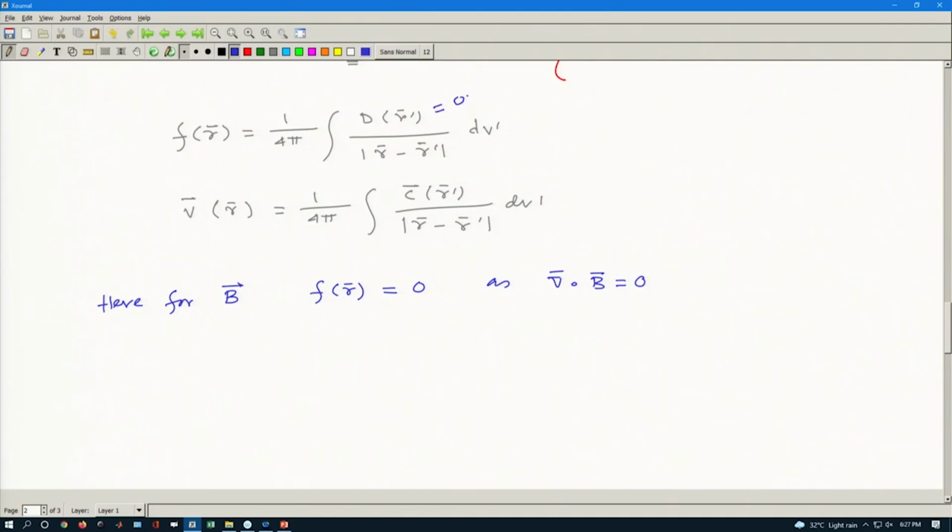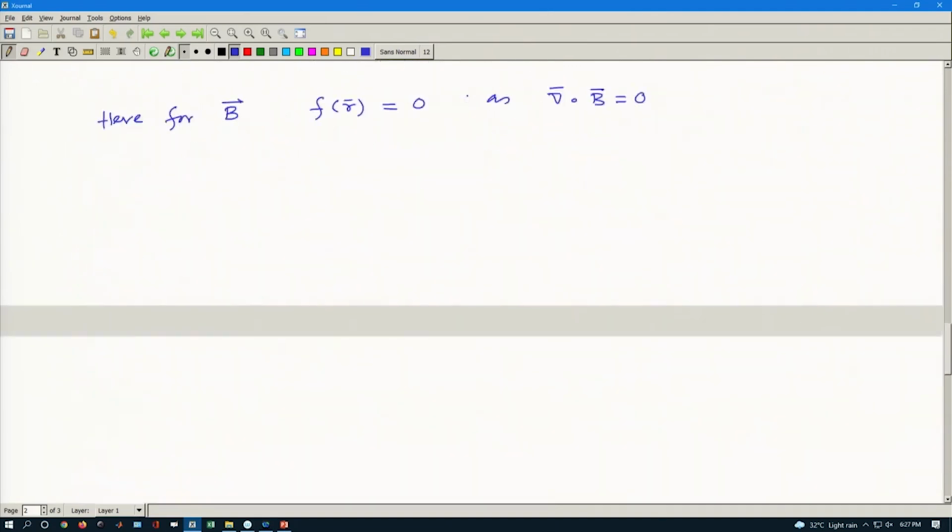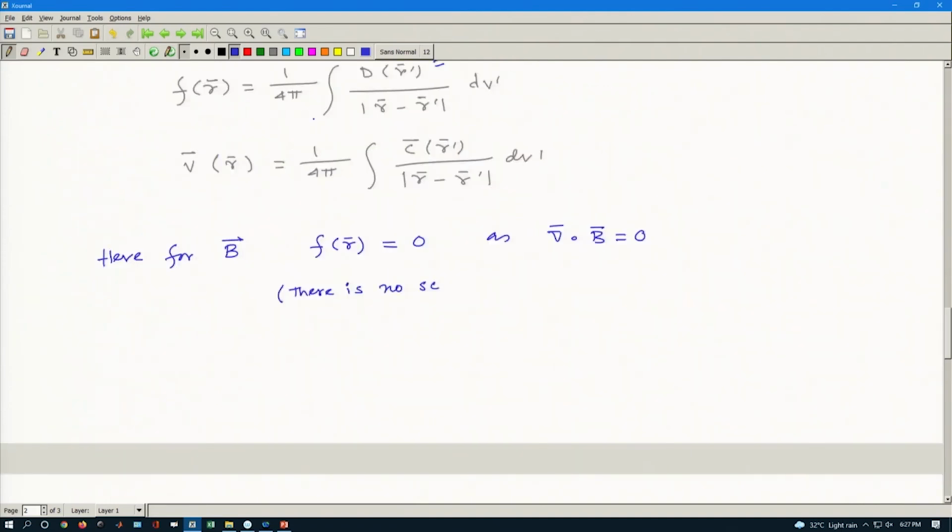For the electrostatic field, the other way, this was non-zero. So, that means for the magnetic field there is no scalar potential. This is in general called the scalar potential, because it behaves as some sort of a potential and is a scalar field, and this is called the vector potential.